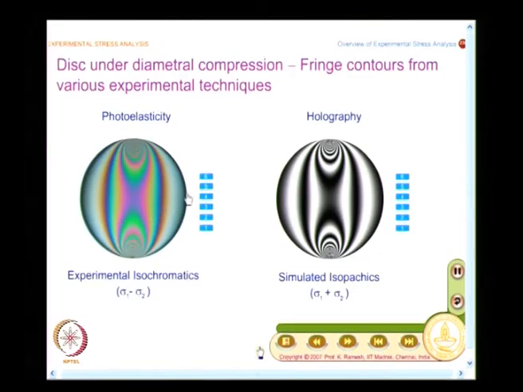And what you have to note down is that between photoelasticity and holography, I have shown colored contours for photoelasticity, because you use white light and get information in color which is unique to photoelasticity. Although it also gives monochromatic information, many techniques depend on a monochromatic light source and you get black and white information which is processed.